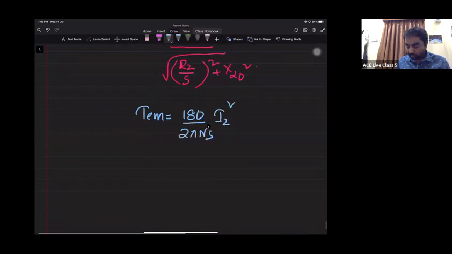I2 square into R2 by S. So here it is 180 by 2 pi ns.